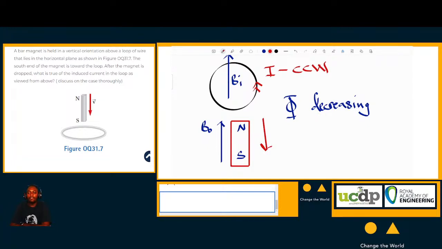Because in this case, the flux is decreasing due to the magnet moving away from the loop. So again, you use the direction of your induced magnetic field to determine the direction of the induced current. Then you'll realize that it will self-align in a counterclockwise direction.